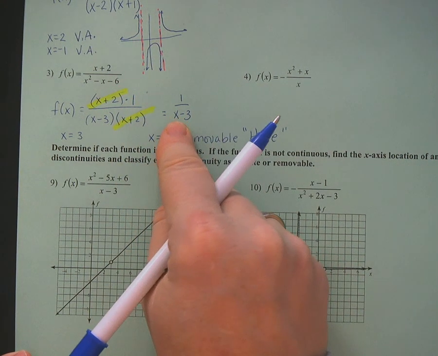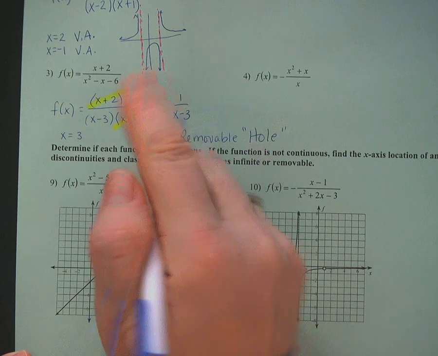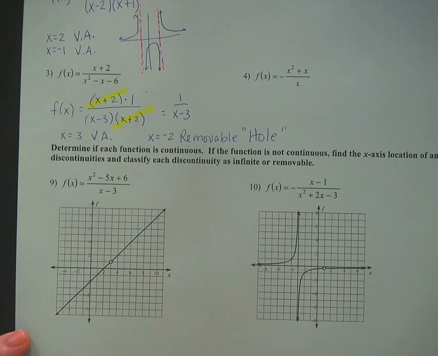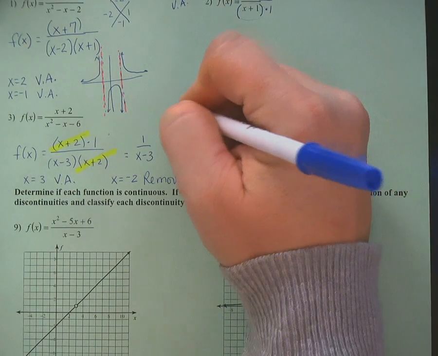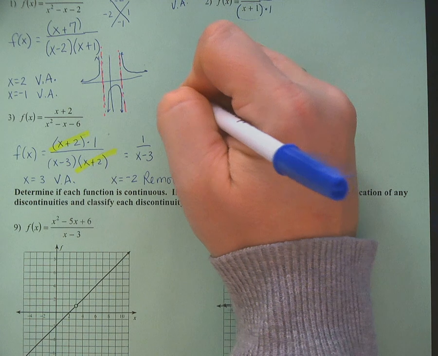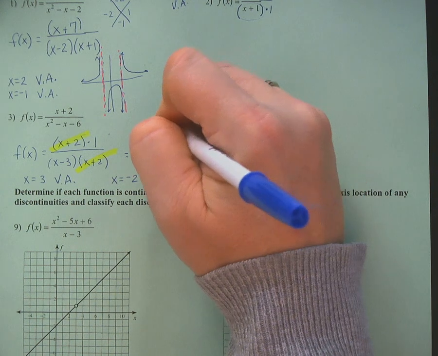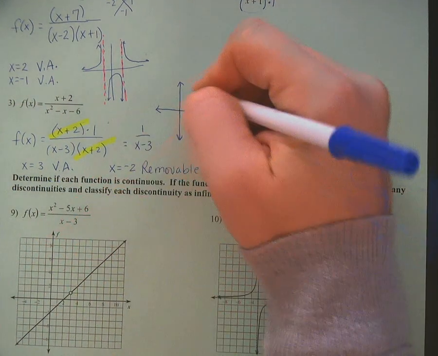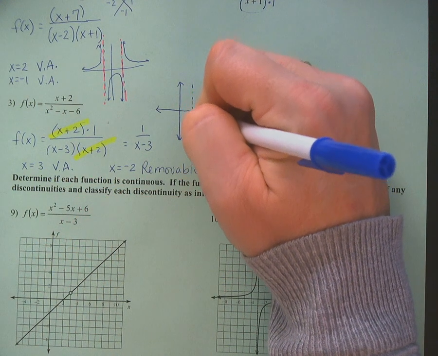Since the factor of x minus 3 remains in the denominator, that makes this a vertical asymptote. Okay, so let's go over here, or actually see if we can fit it in here. We're going to make a sketch of this. So at x equals 3, we're going to put a vertical asymptote.